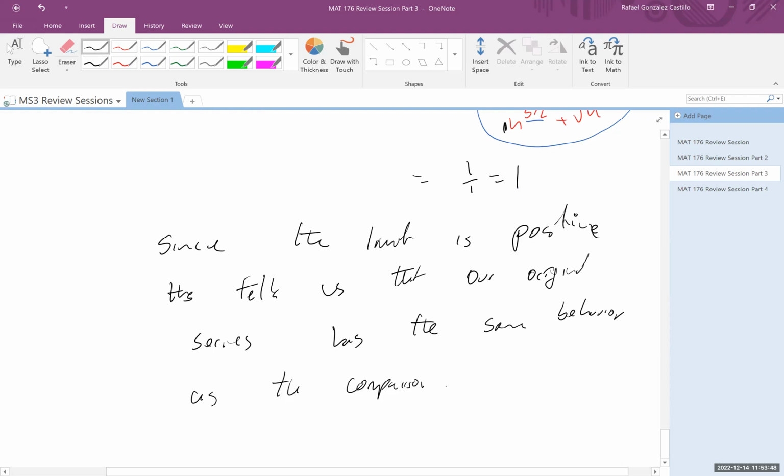But that comparison series converges. So they both converge. That's what the limit comparison test tells us. Any questions on that?